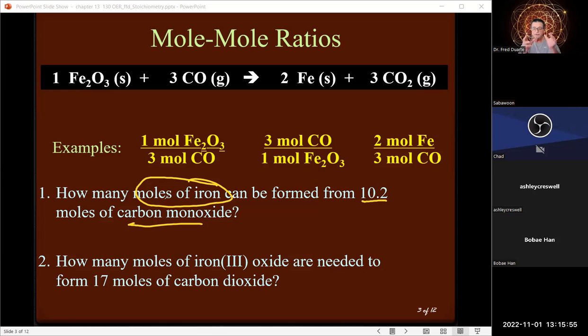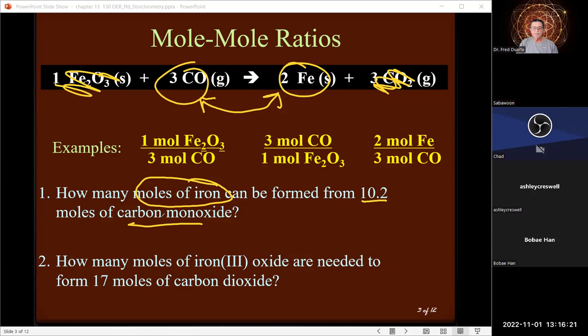So the key here is to read the question carefully and see which are the reagents or compounds that we're working with. So we're dealing with iron and carbon monoxide, okay? So we're just dealing with the relationship between iron and carbon monoxide. We don't care what's going on with the other species, okay? Our simple goal is looking at the relationship between iron and carbon monoxide.